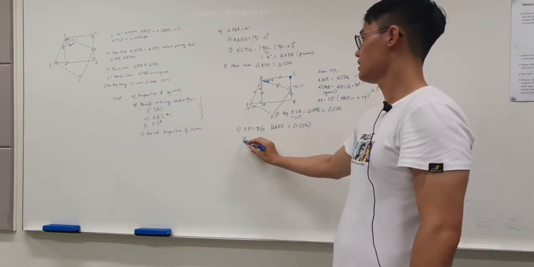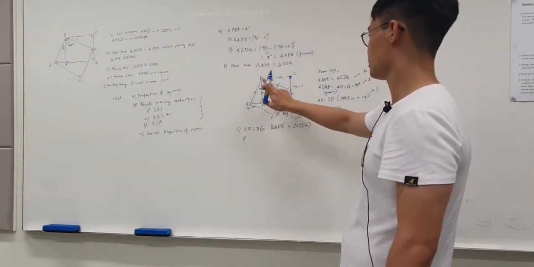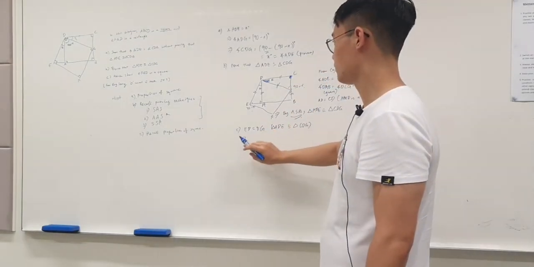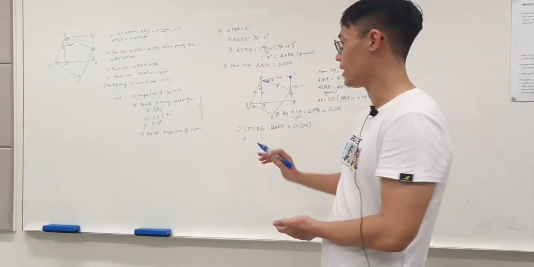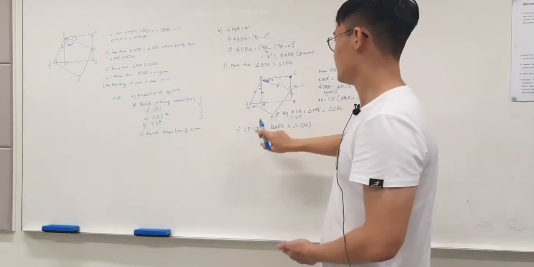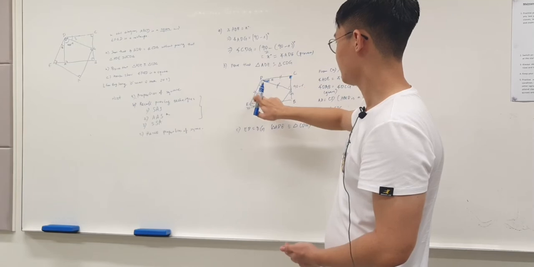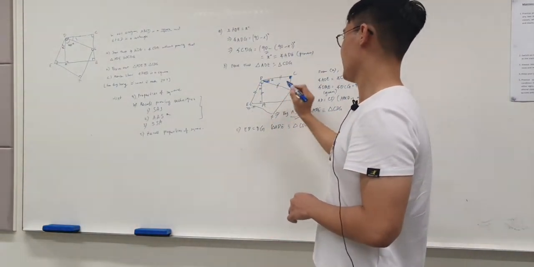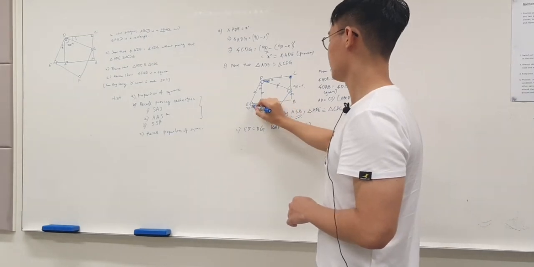And since ED is equal to DG, we can say that, so this is not enough to prove that it's a square. ED equal DG is only sufficient to show that these two are equal, but we need to show they have right angles as well.